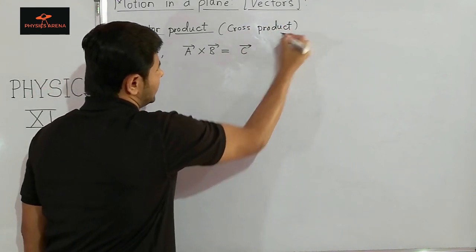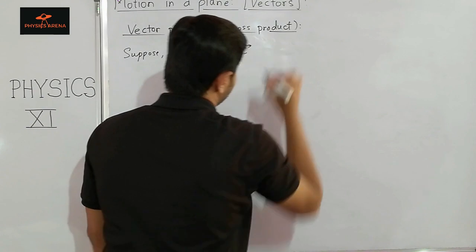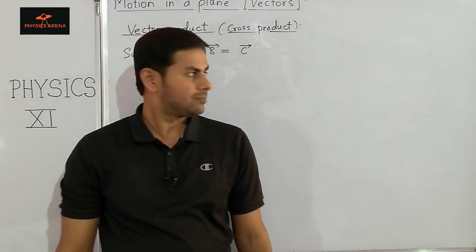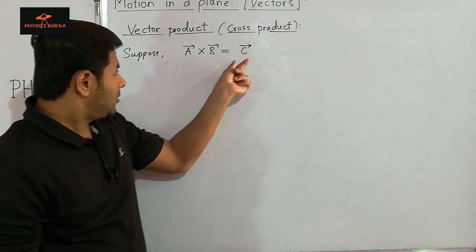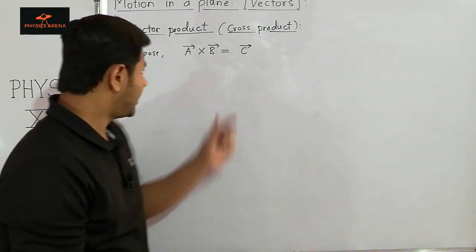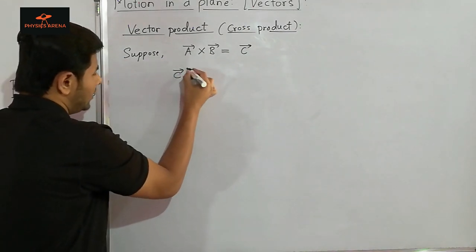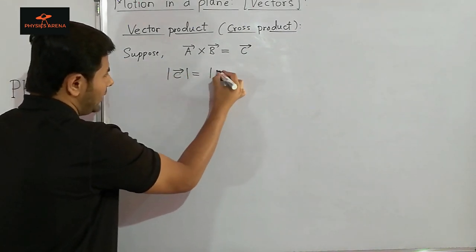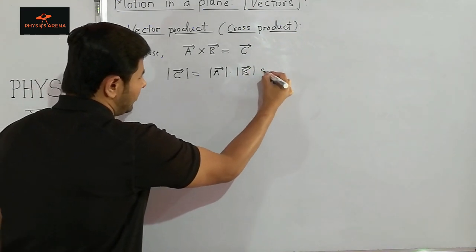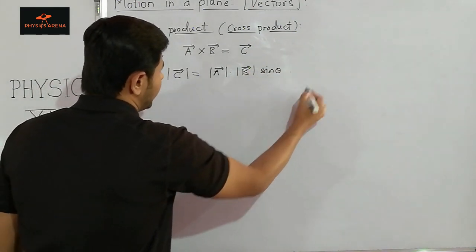Just like the scalar product is called the dot product because it is represented by a dot. Now the magnitude of this resultant c bar is given by magnitude of A into magnitude of B multiplied by sine of the angle between two vectors.